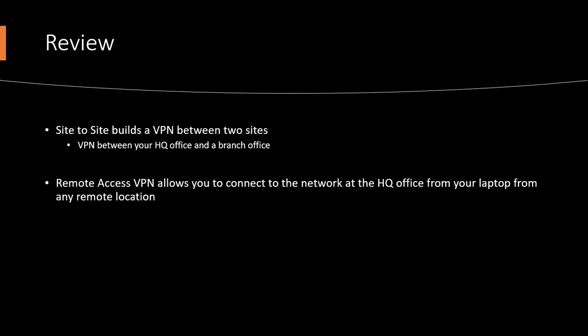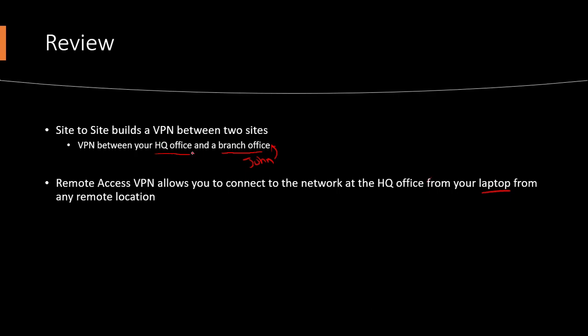Now, here's the deal. If John works out of the branch office, he may not be able to VPN into the branch office, but he can VPN into the headquarters office from home on his laptop or any type of device that supports it. And then once he VPNs into the headquarters office, now he can get access to any resource that's on the headquarters office.